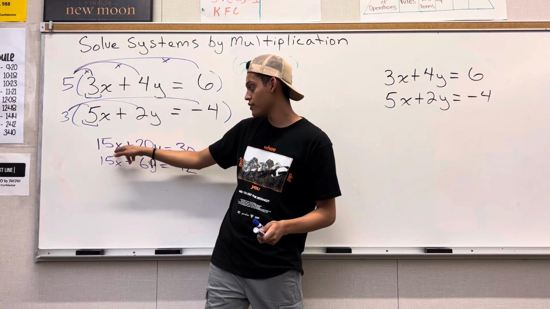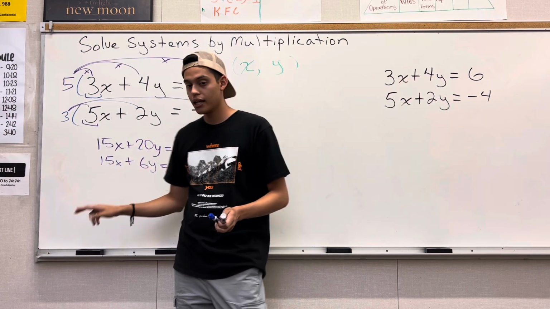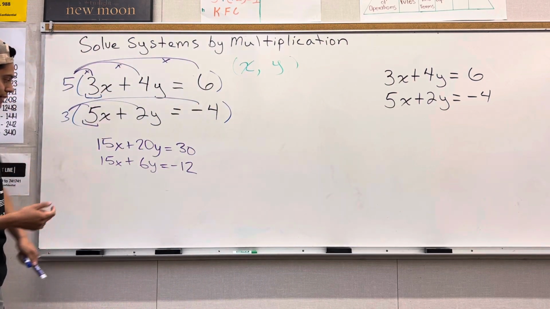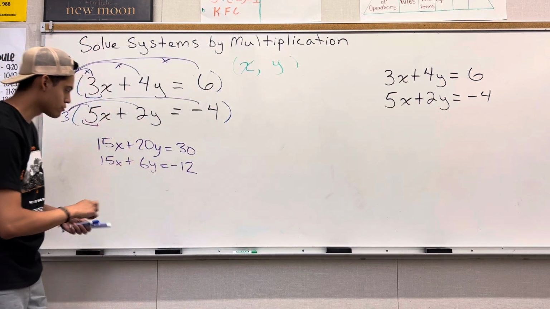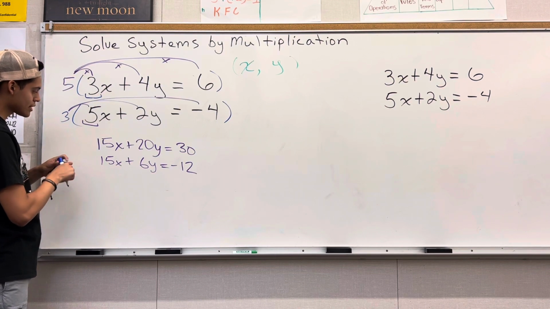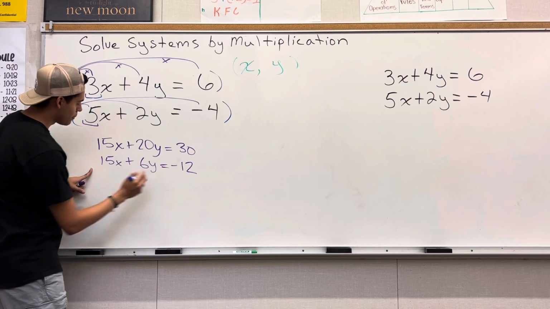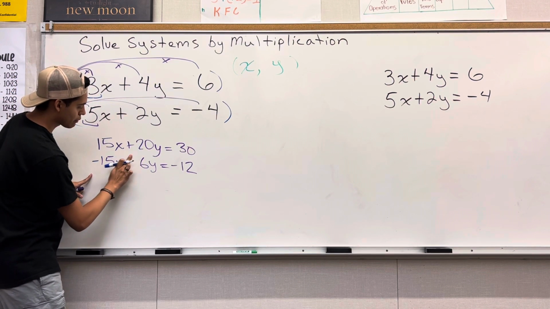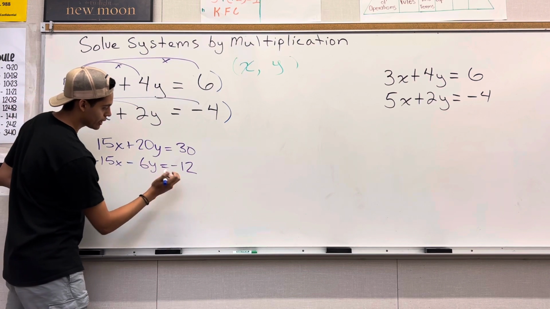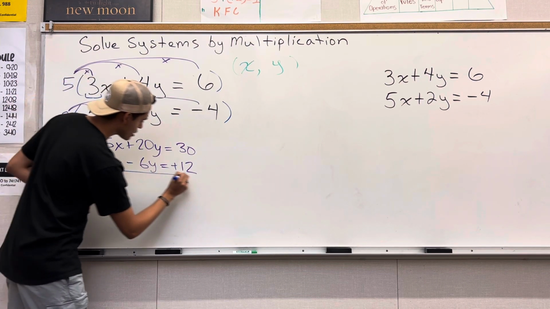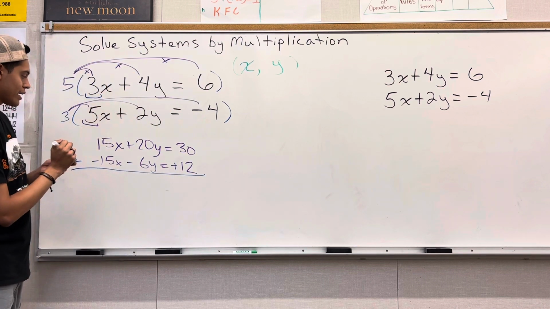You see this 15x and this 15x are the same. And what did I teach you to do when they're the exact same thing, same sign? We're going to do subtraction. So we switch the sign of every term on the bottom one: negative 15x, negative 6y, and positive 12. And then we change the whole problem into addition. So you see what I did there?